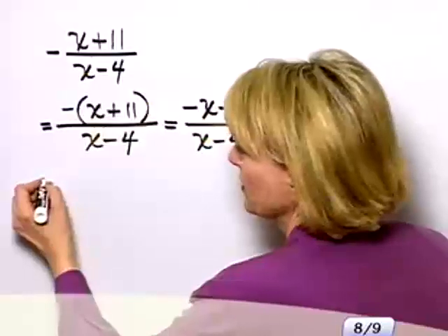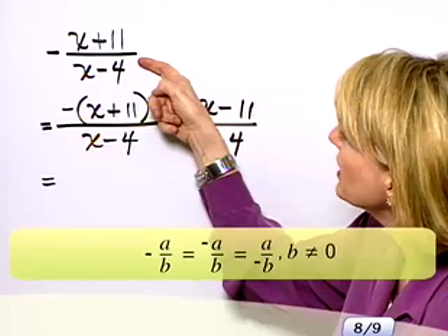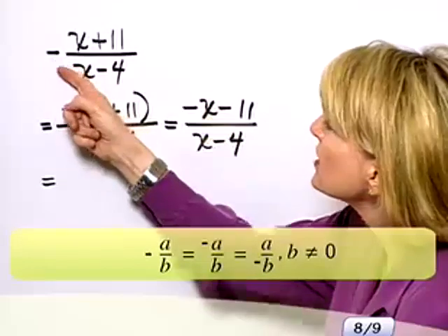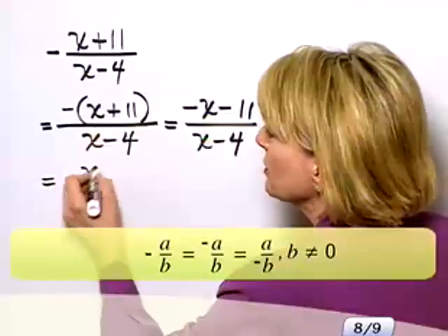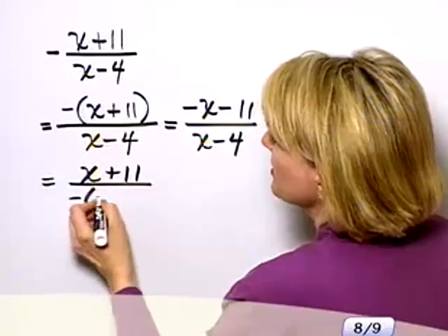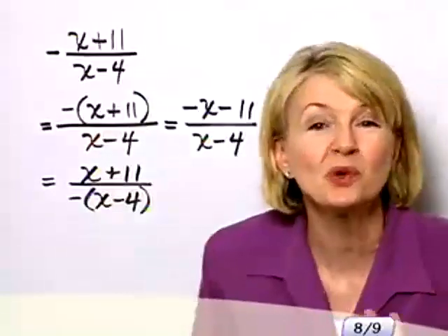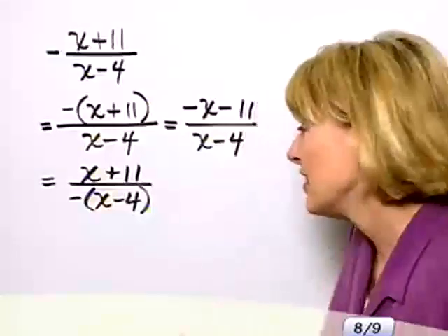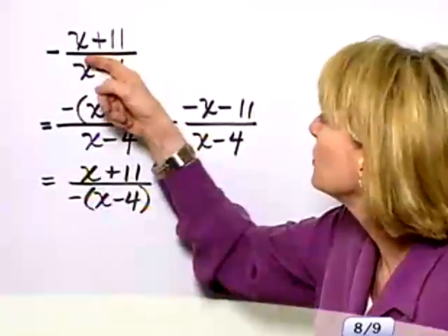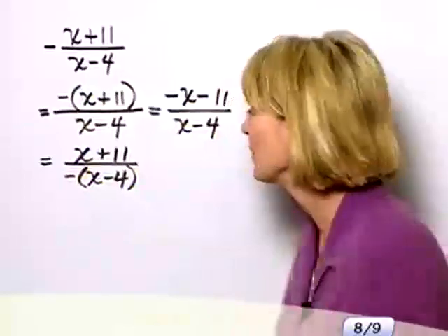Now, what else is it equivalent to? You can look back here to begin with again, but I can also move the negative in the denominator. So it becomes x plus 11 over negative parentheses x minus 4. Just using those same rules that we have used with fractions. And so this is equivalent to this and every other rational expression right now on the board.